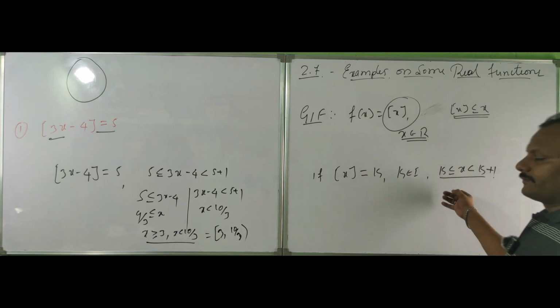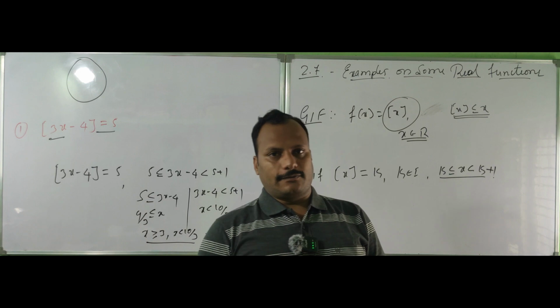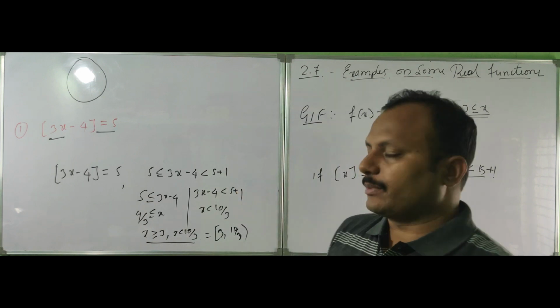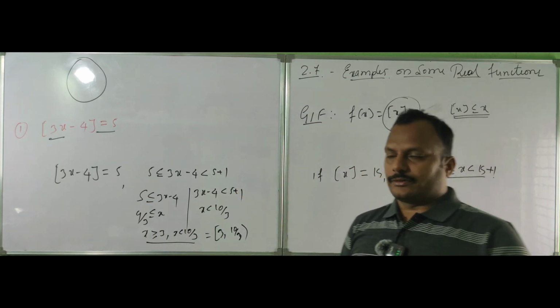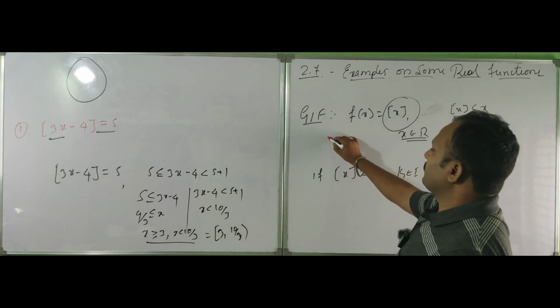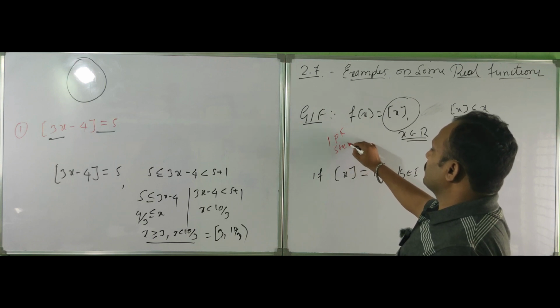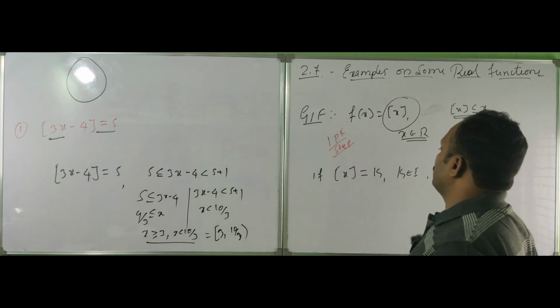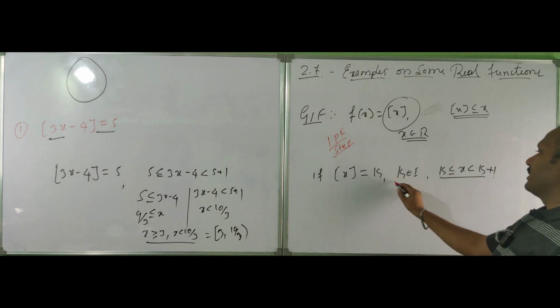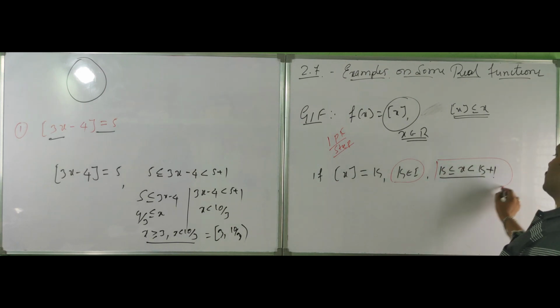This formula applies if f is a greatest integer function, or integral part function, or step function. Three names are there. If k is an integer value, then this is the condition.